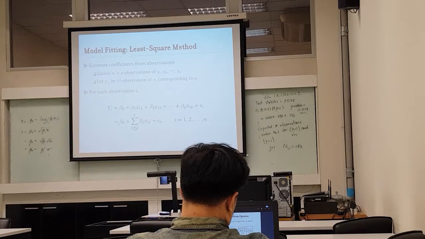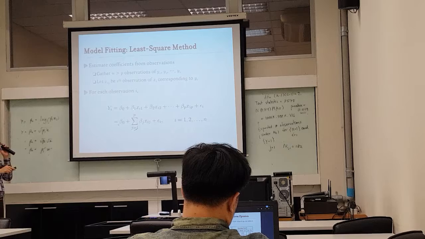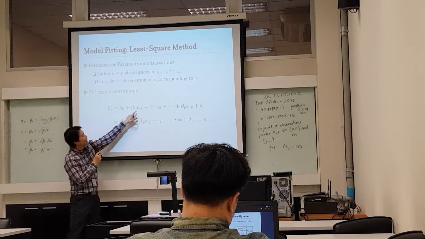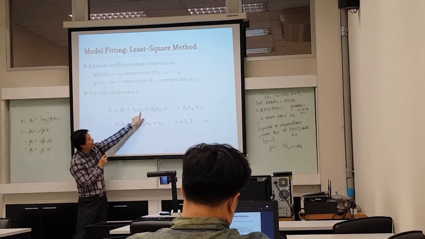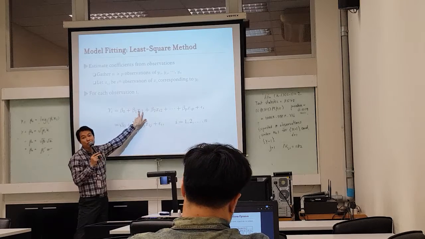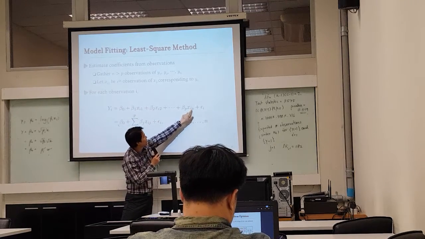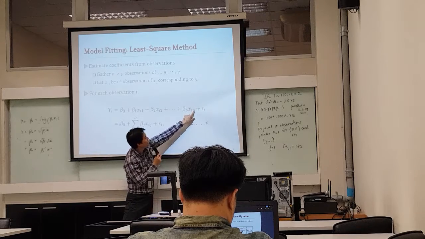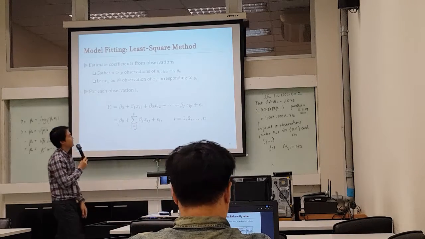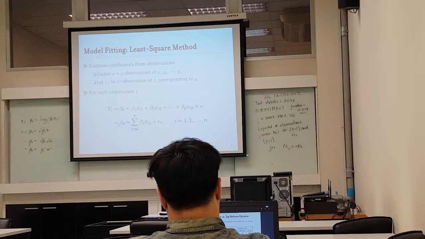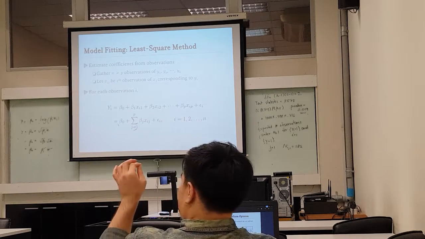For observation i, you will have yi equals beta 0 plus beta 1 xi1, observation i for the first predictor, up to observation i for the p-th predictor. You can just write it as a sum like this.